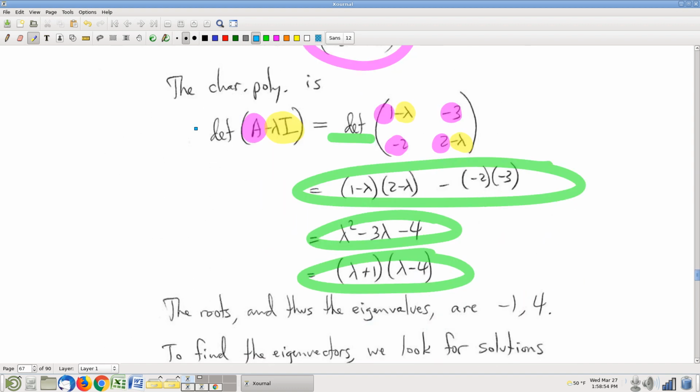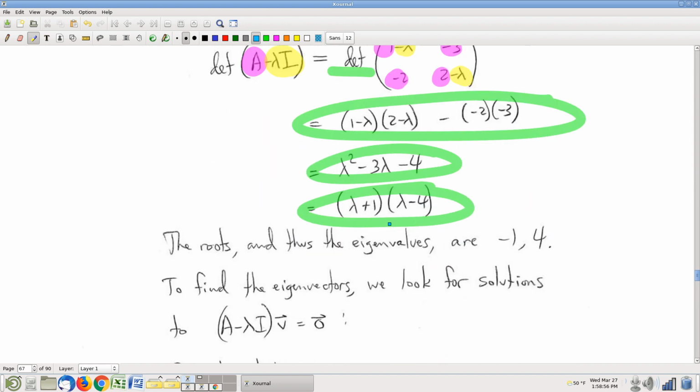And so from here, you can see exactly what the roots are. The roots are -1 and 4, so those are the two eigenvalues. And it's a pretty straight up algorithmic process. Sounds like everybody's okay with that. Any questions? Everybody happy? Okay.